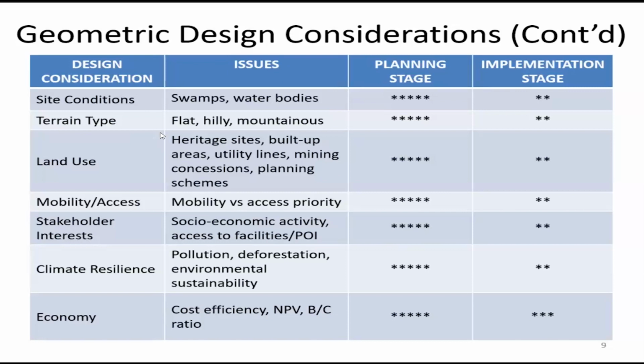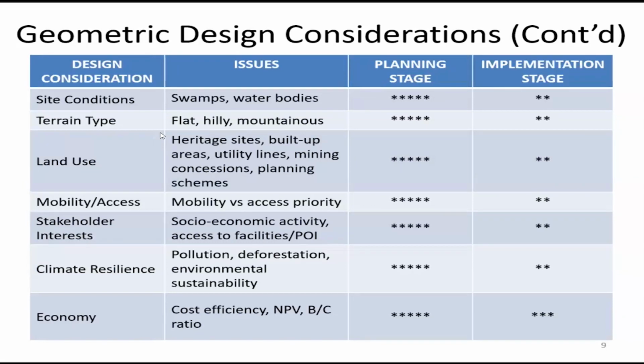The land use: are there any heritage sites? Are there built up areas? Do we have utility lines, mining concessions, planning schemes? What are they saying now? And at the design stage, of course, we do everything that we can.